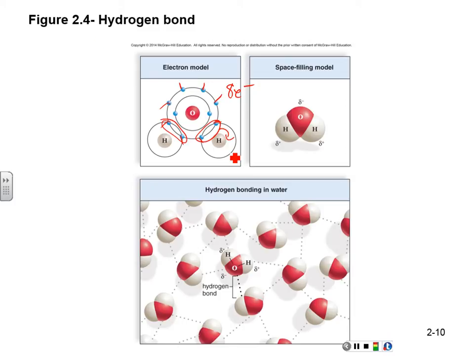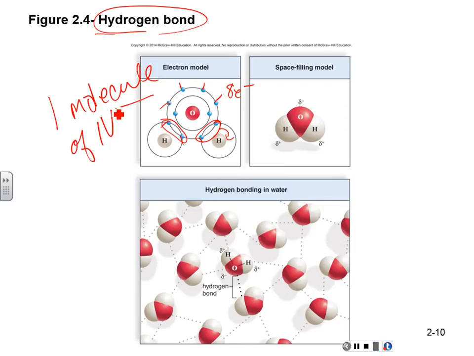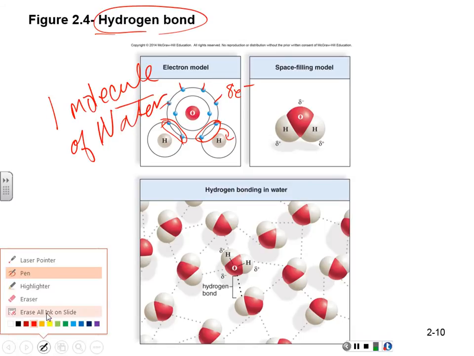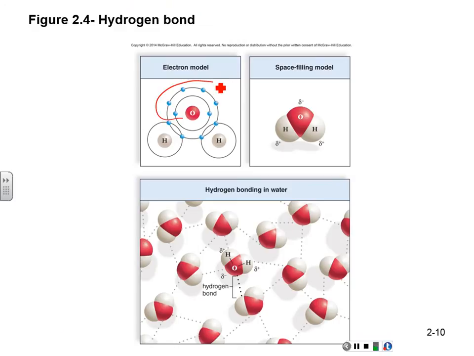Now, specifically, we're going to talk about how hydrogen bonds form. So this is just one molecule, right, of water. Well, what happens is that the oxygen is overall negative on this side. So it's slightly negative on this side. Remember, there's a positive proton here, so this side is slightly more positive, and that's what they're trying to show you here and here.